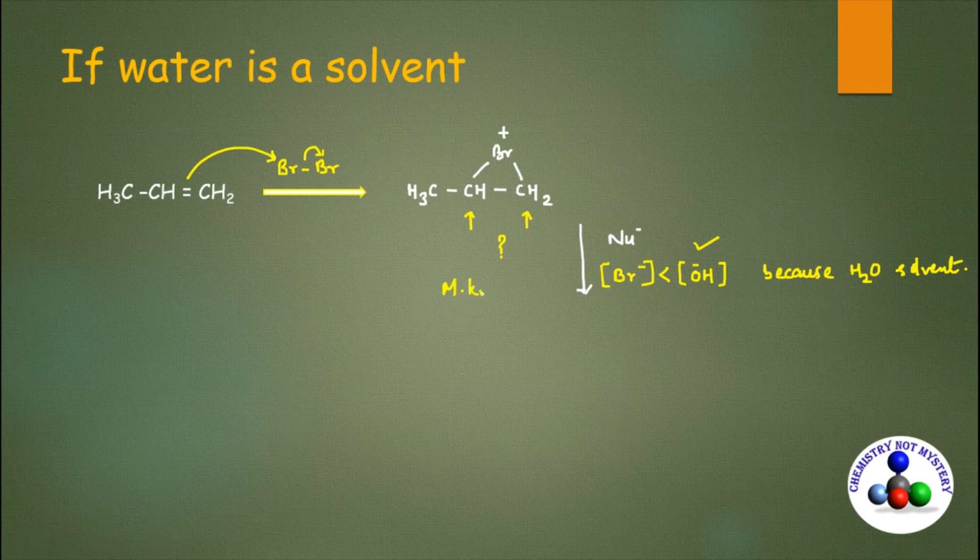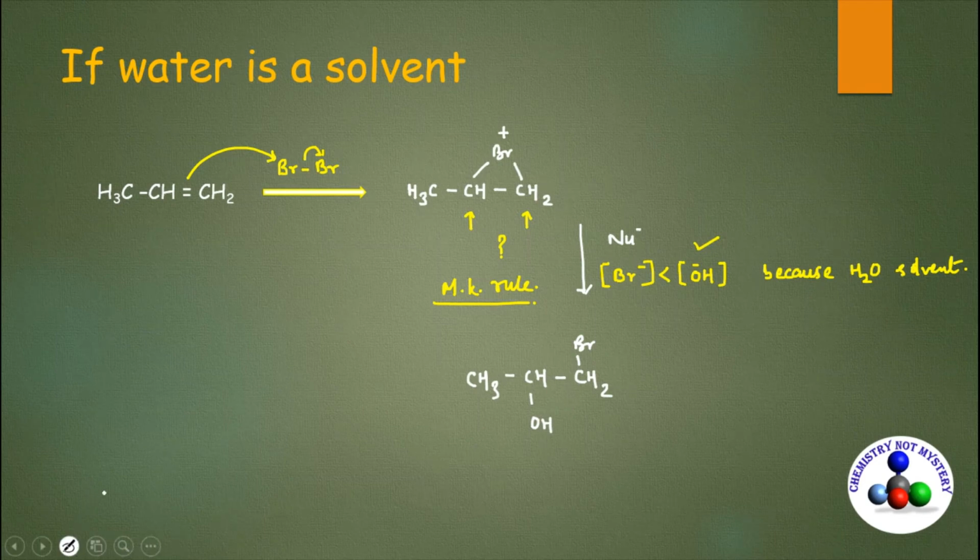According to the Markovnikov rule, nucleophile goes to the carbon that has less number of hydrogens. So here OH minus will go to the middle carbon that has less number of hydrogens. Here bromine acts as an electrophile and OH minus acts as a nucleophile, and the product is called a halohydrin.